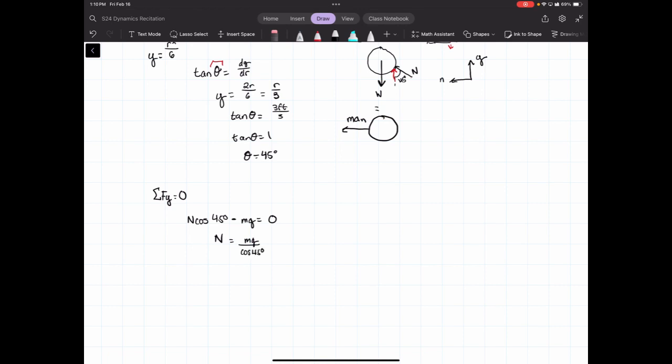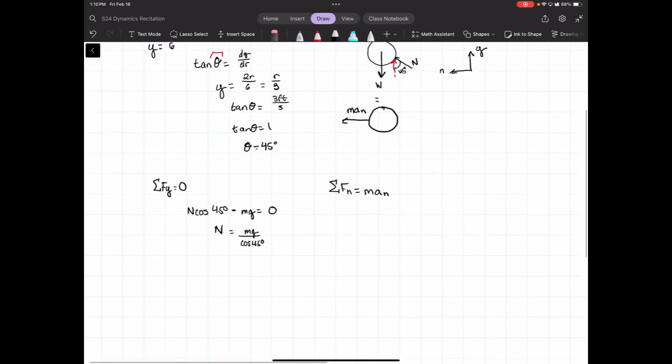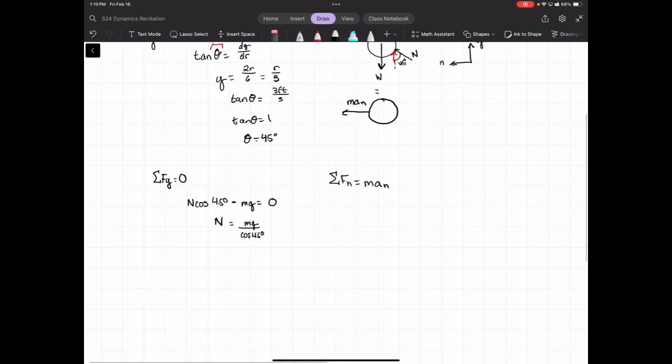Okay, and then let's sum up our forces in the other direction. And that's going to equal mass times our centripetal acceleration in the n direction. So here we again have the other component of the normal force.